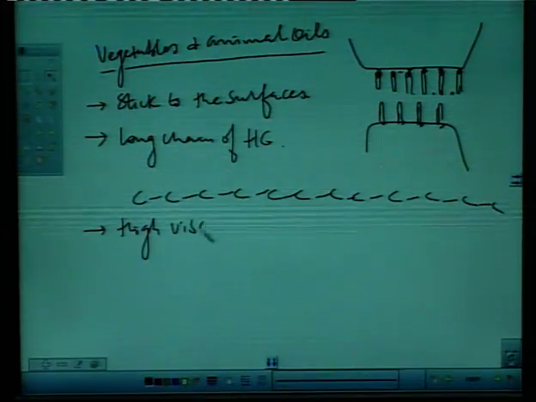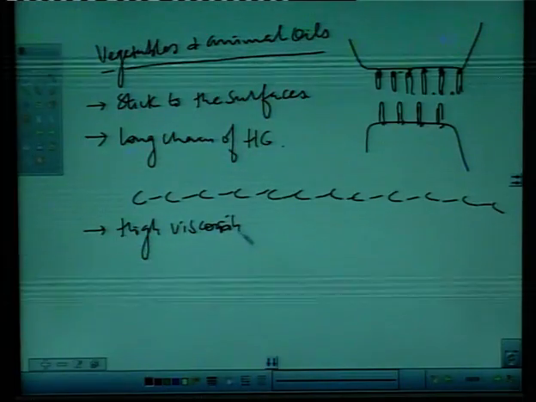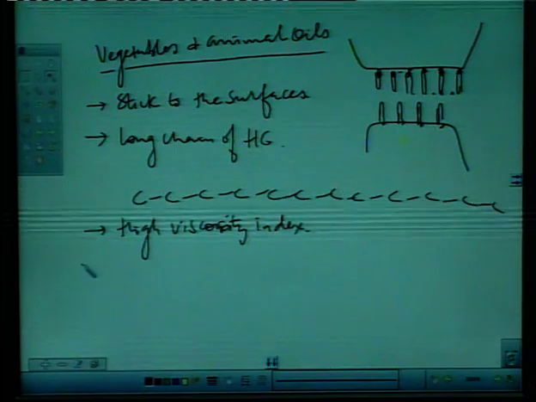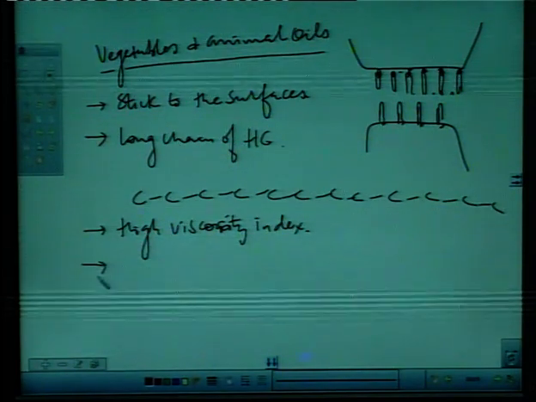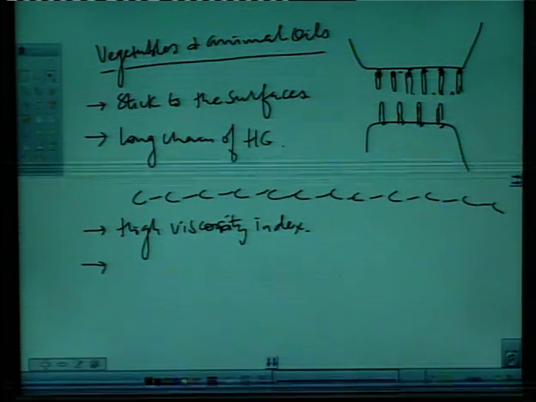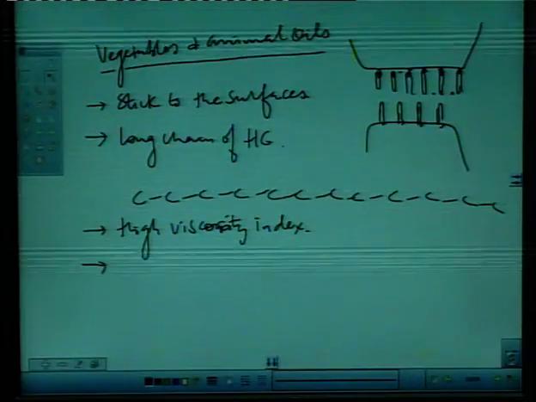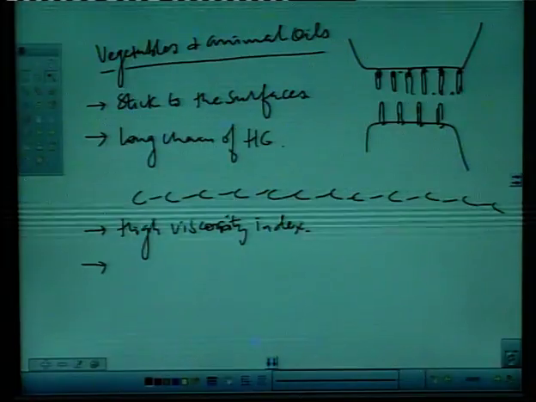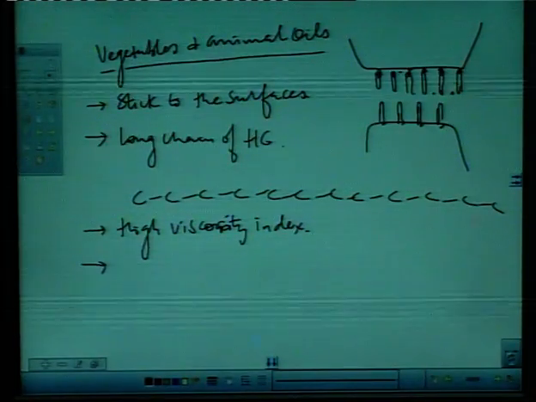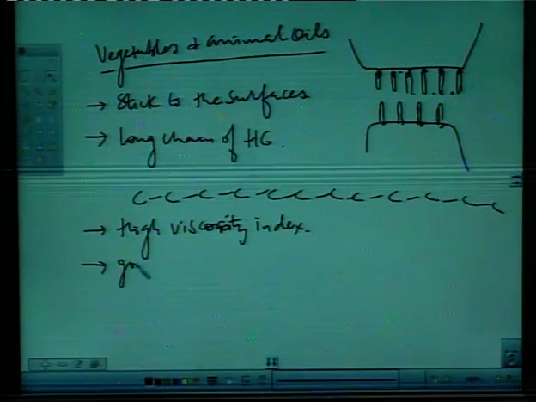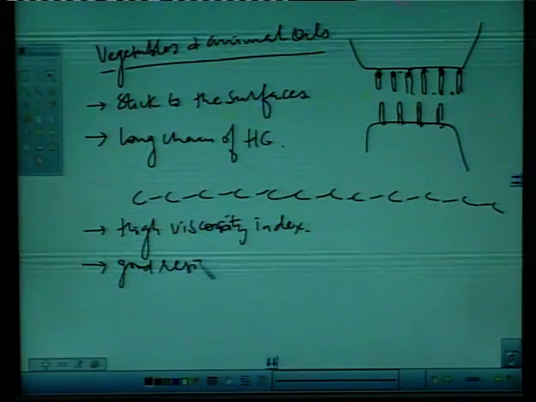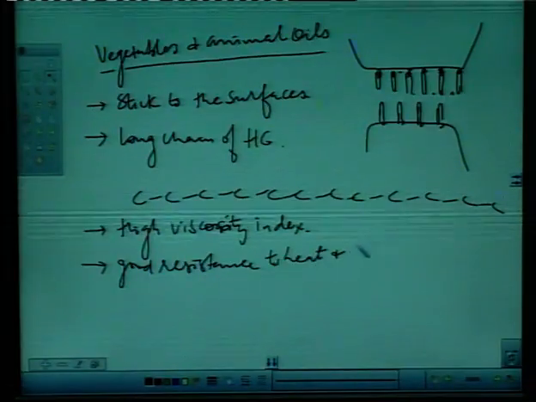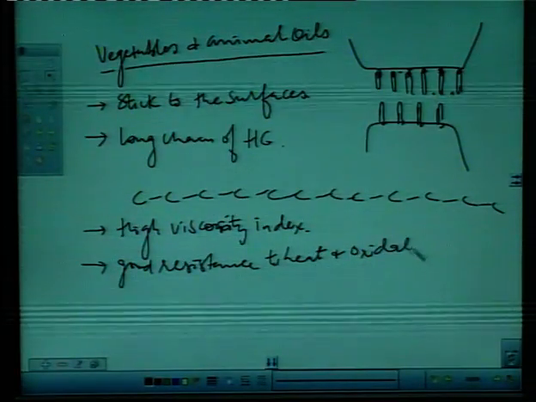High viscosity index. High viscosity index means they should not change structure with increasing temperature, or the viscosity of the lubricant should not change. Good resistance to heat and oxidation. So they should have good resistance to heat and oxidation.